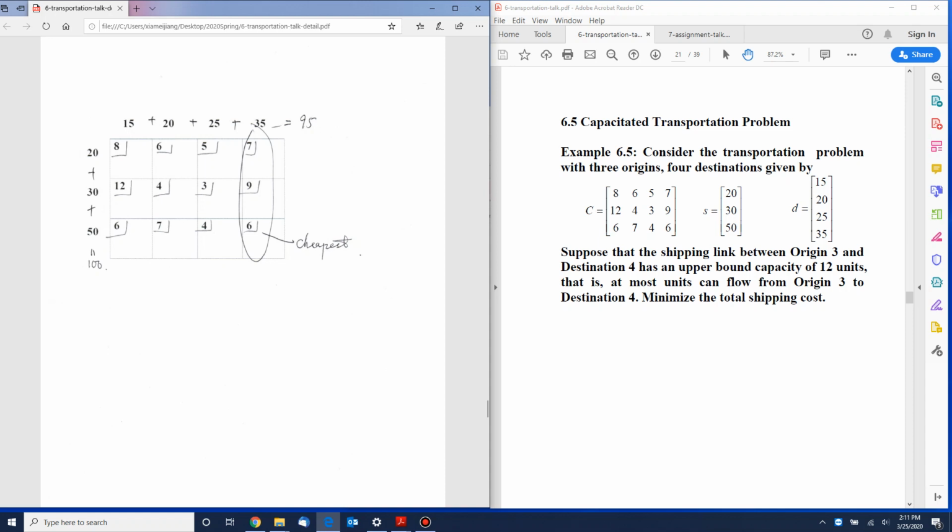Now let's look at the left of the screen. You could see I made up the table from the data we got, and on column 4, that's the cost from each of the origins to that destination.